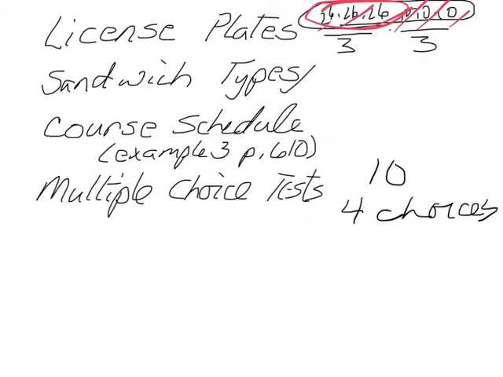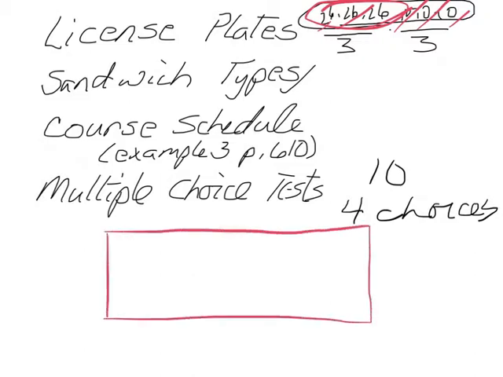So let me vary the license plate a little bit. Suppose in the state that I live, they say the first letter cannot be an A, so no A's in the first slot. And they also say that you can't use a 0, so no zeros.